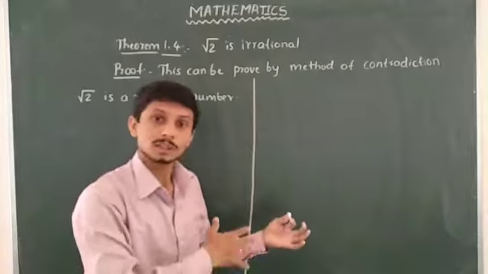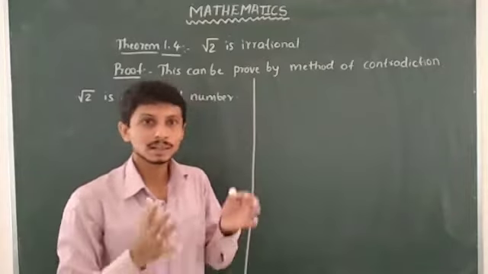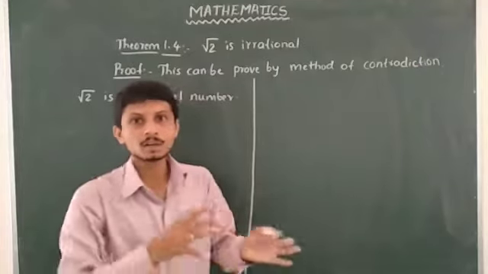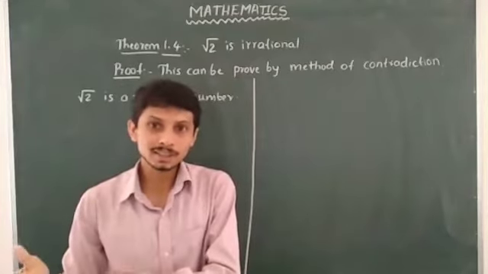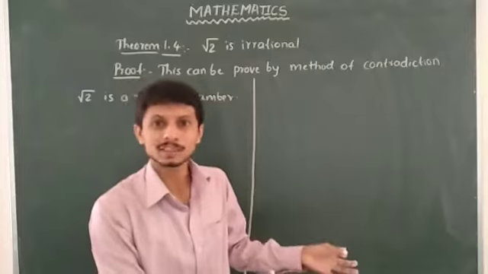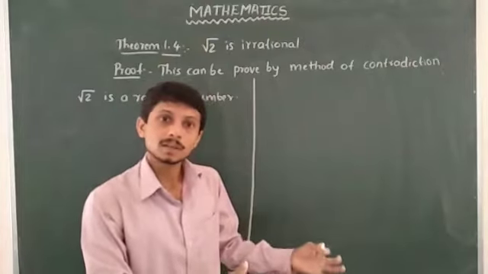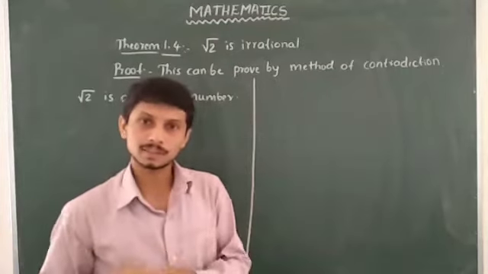If root 2 doesn't belong to irrational numbers, it must belong to rational numbers, because the real number system has only two parts: the rational numbers and the irrational numbers. If a number isn't rational, it must be irrational, and vice versa.